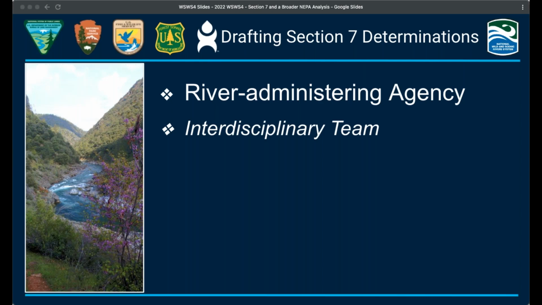However, the final determination is solely in the hands of the responsible official delegated to make the determination for their agency. The project proponent can assist with providing information, technical analysis, and funding for evaluation, but the final determination and decision is made by the river administrator.